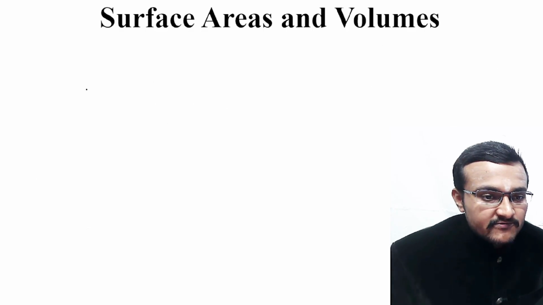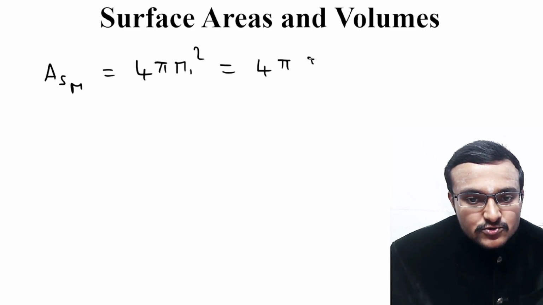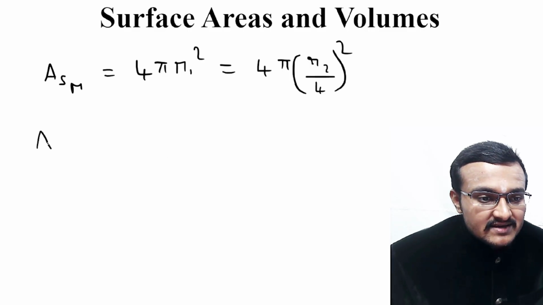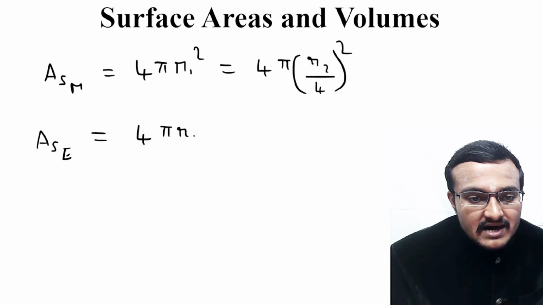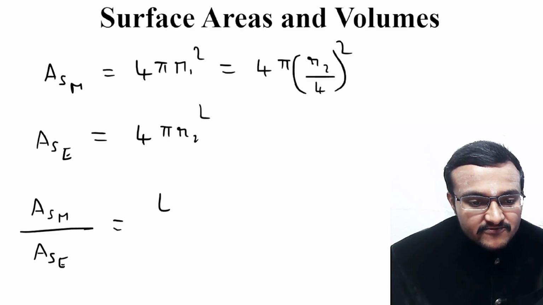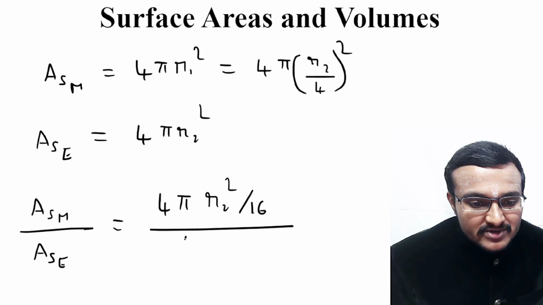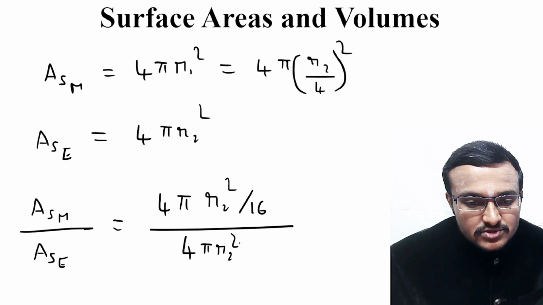So the surface area of the moon is 4 pi r1 square. In the place of r1, I'll write r2 by 4 whole square. Similarly, the surface area of earth, ASE, will be 4 pi r2 square. Now we take the ratio, ASM divided by ASE, which is equal to 4 pi r2 square divided by 16 in the numerator, and in the denominator 4 pi r2 square.